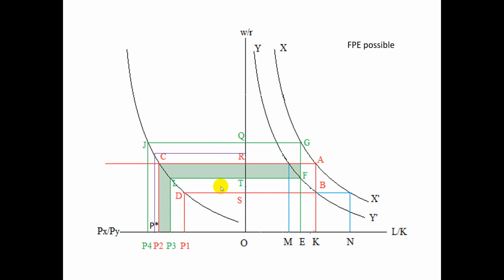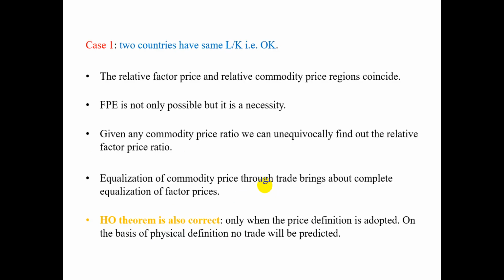Corresponding to S, we get P1, and corresponding to R, we get P2. So for country A, the range of relative commodity price will be P1, P2. In the pre-trade situation, the relative commodity price will be lying somewhere here and the relative factor price will lie somewhere here. And similarly for country B.